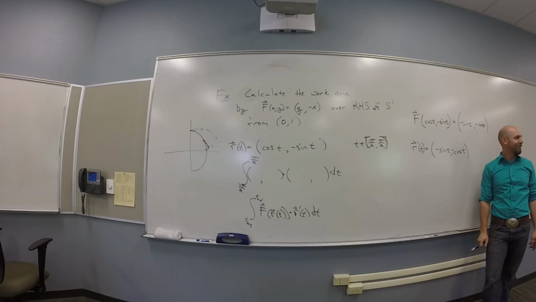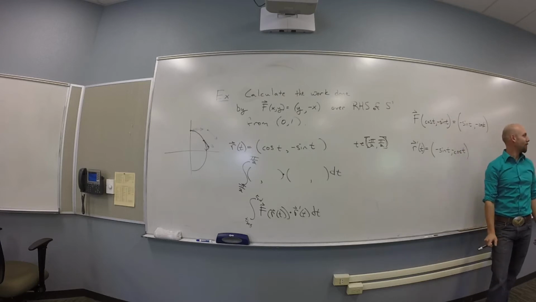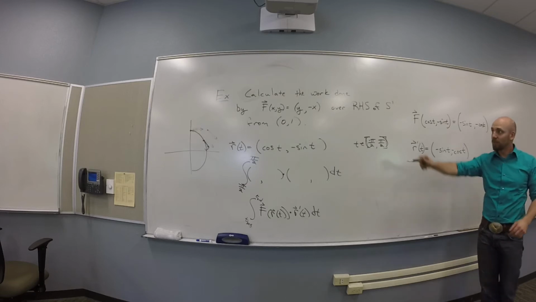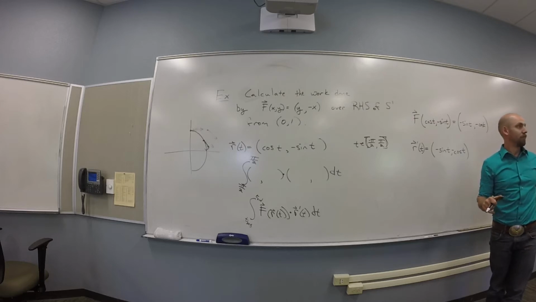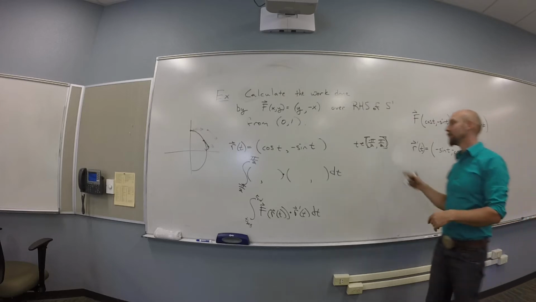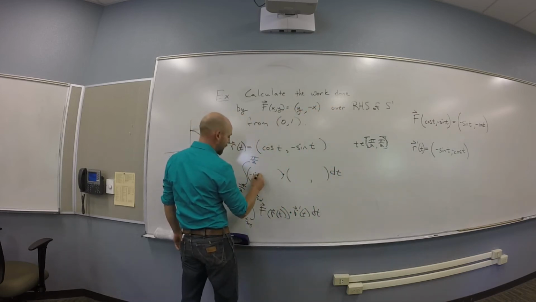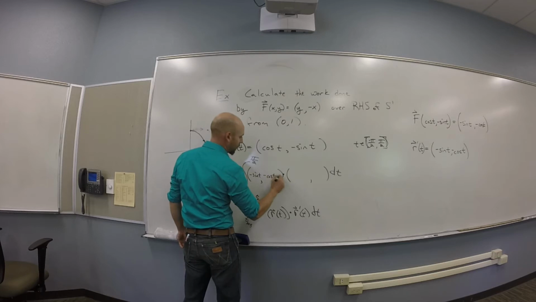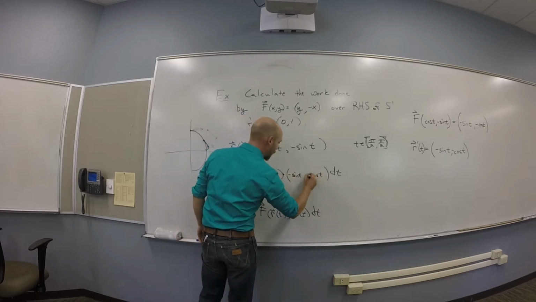I was so excited that they were the same. Oh, it's a flow line. Cool. We're going to see how much help this thing can give us, right? Yeah, so this vector field is going to do as much work as it's capable of along this particular arc. You guys cool with that? Okay, so you should be dotting minus sine t, minus cos t with minus sine t, minus cos t.